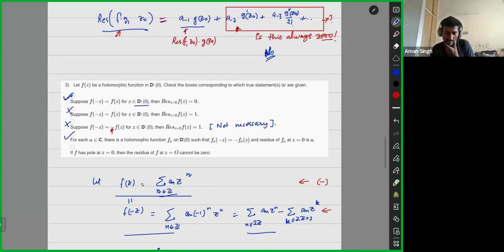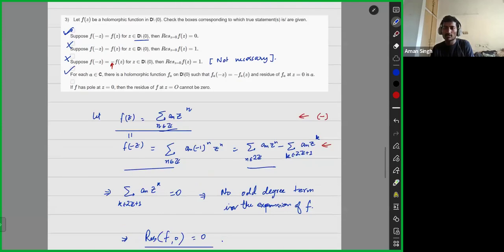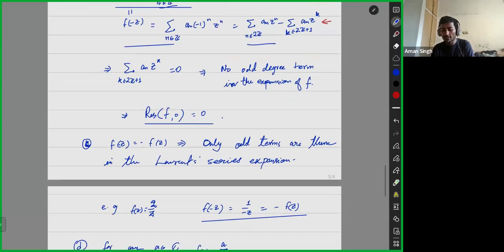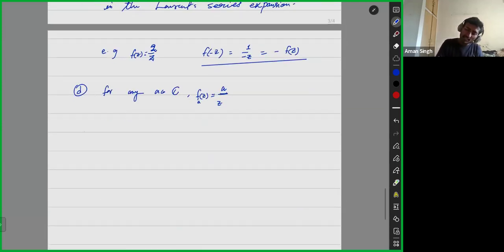Now the last option: if f has a pole at z equal to 0, then the residue of f at z equal to 0 cannot be 0. Will you try to answer this? They're saying that f has a pole, but the residue cannot be 0.